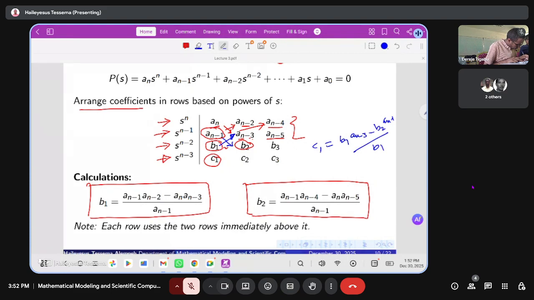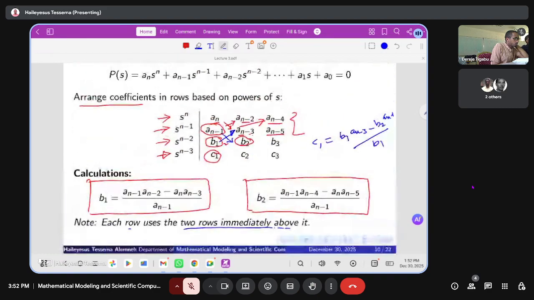C1 is obtained like this. So each row uses the 2 rows immediately above it, and that is how we construct the Routh array.